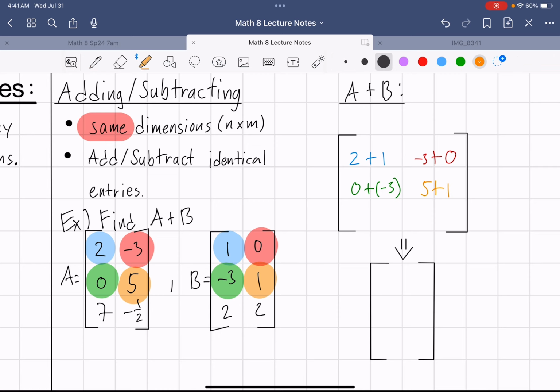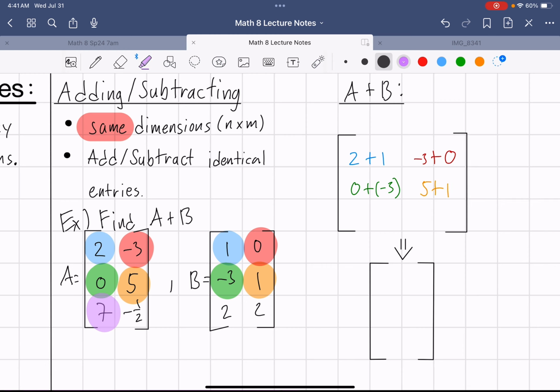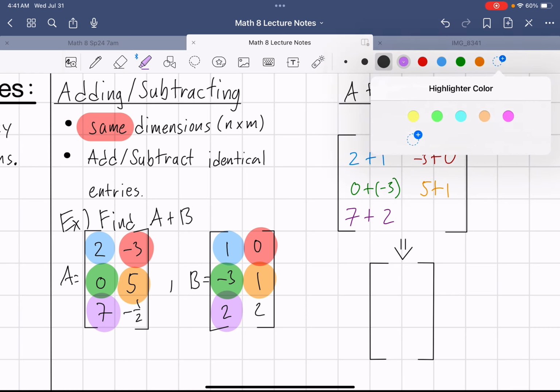I'm running out of colors to choose from. Oh, I still got purple. That's going to be 7 plus 2. And lastly, I'm going to have to add one more color.